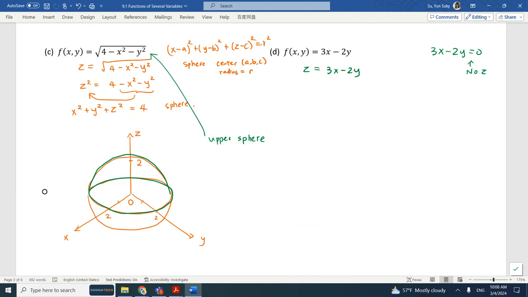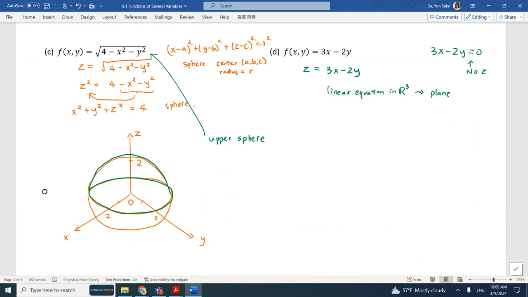So this is a linear equation. We know a linear equation in R3 corresponds to a plane. Right? And let me see. Okay, how many points can fix the plane? 3 points.